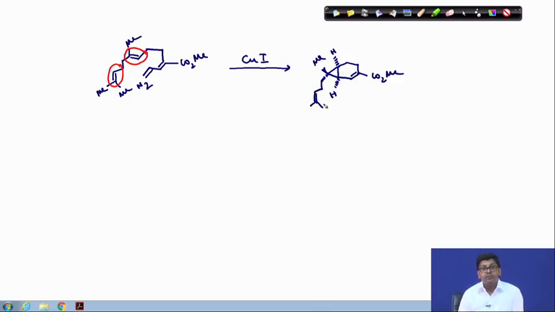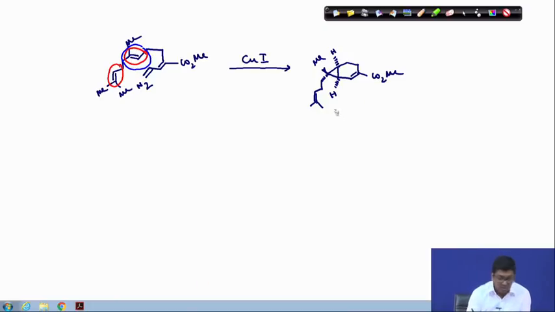Okay. So, if you see that only this double bond reacted. Why? Because when the carbene inserts into this double bond, or when this addition is happening, that gives a 6 member ring if it reacts with this double bond.